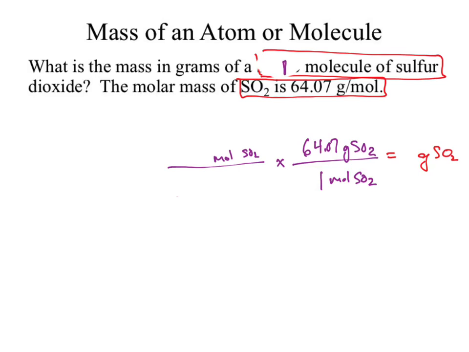The same thing is happening here. You have to choose the proper conversion for what you're trying to do. Minutes up to days, I need to be getting closer to days, not further from days. You have to think about the conversion factor you're using, not just throw one in. That is much more challenging because you have to have that process built in. So what do I want to convert moles of SO2 to?